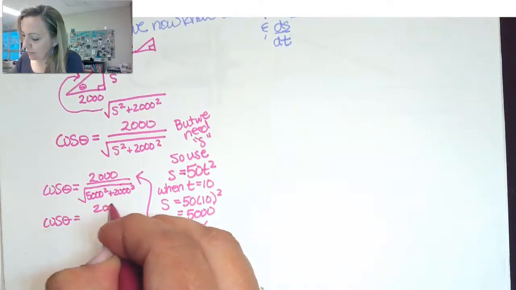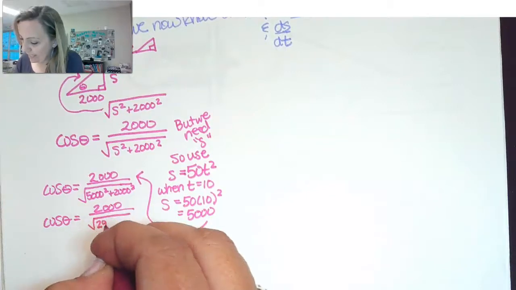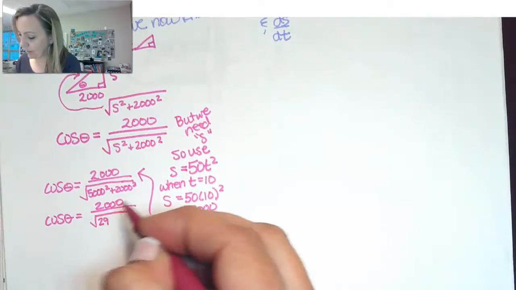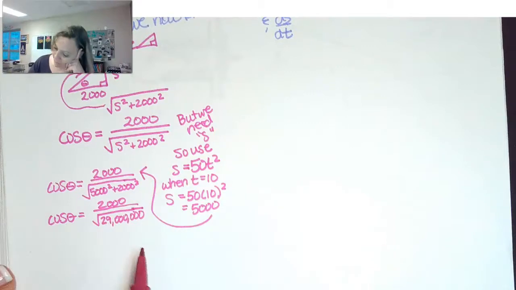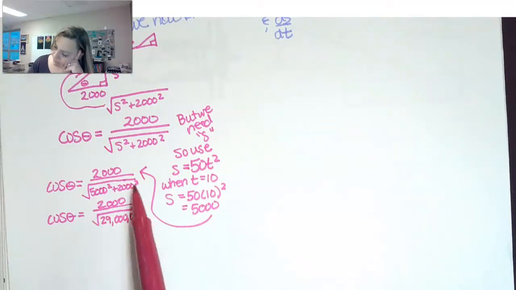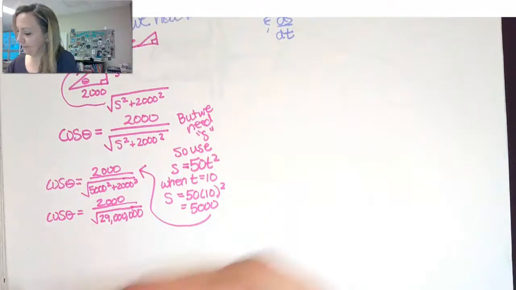Oh no, that's going to be 25 million. So 29 million. Sorry, I have to triple or double the zeros too. So we've got 25 million and then 4 million. Putting that together, we've got 29 million. It's a big number. Okay. So now I've got cosine theta.